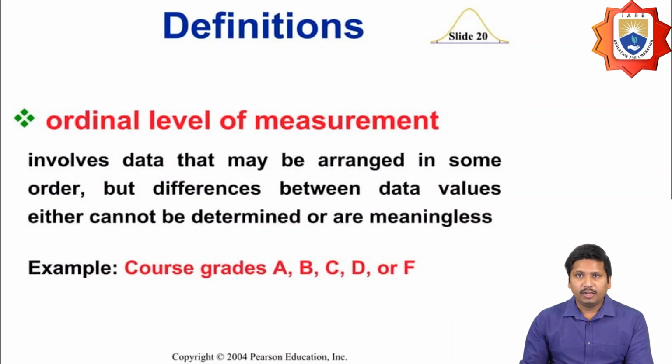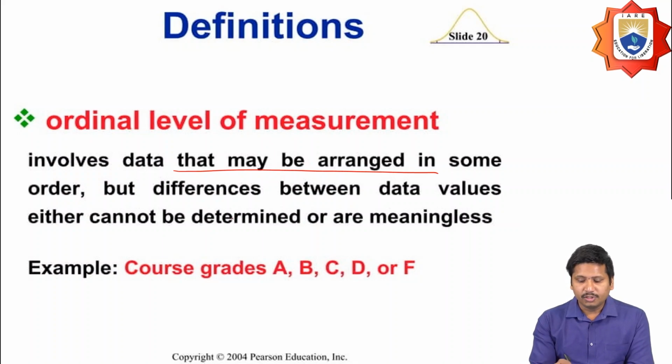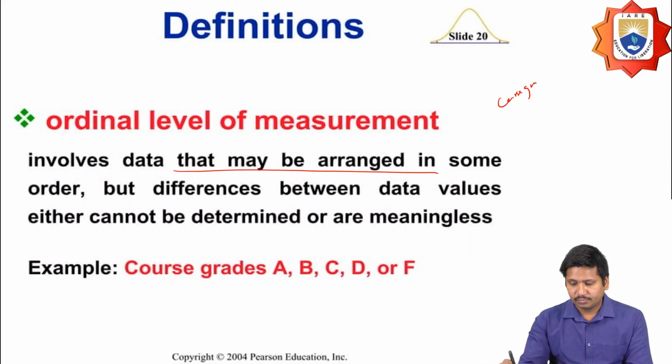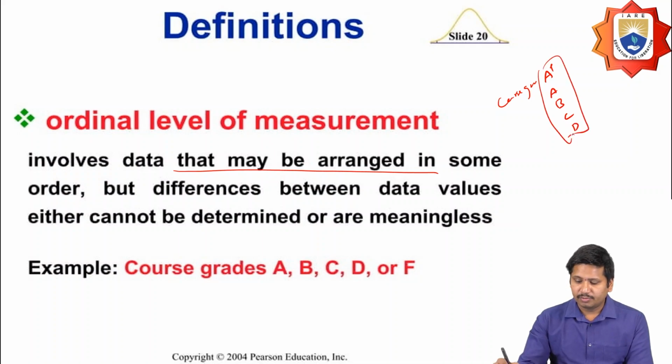Next is the ordinal level of measurement. Here the data may be arranged in some order, but the differences between the data values either cannot be determined or are meaningless. For example, course grades like A plus, A, B, C, D, where these grades are arranged in a particular order.